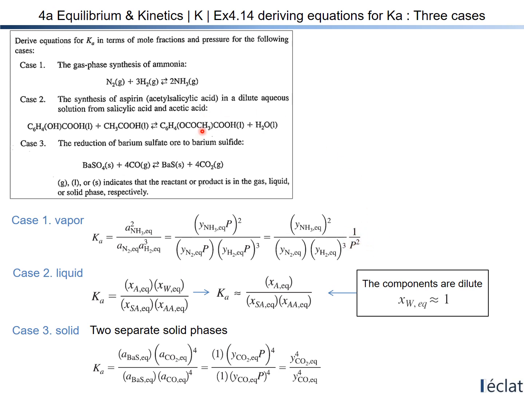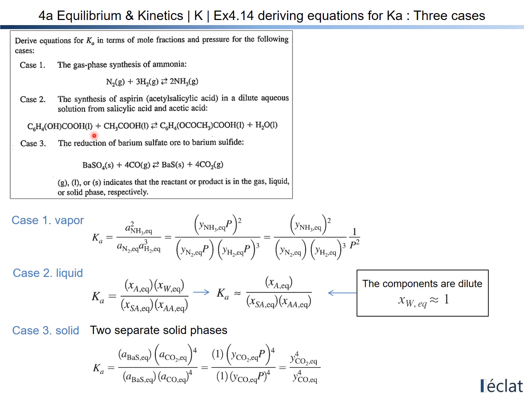The second one is the synthesis of aspirin in a dilute aqueous solution from salicylic acid and acetic acid. So those compounds are included in water-based reactions, so liquid phase.